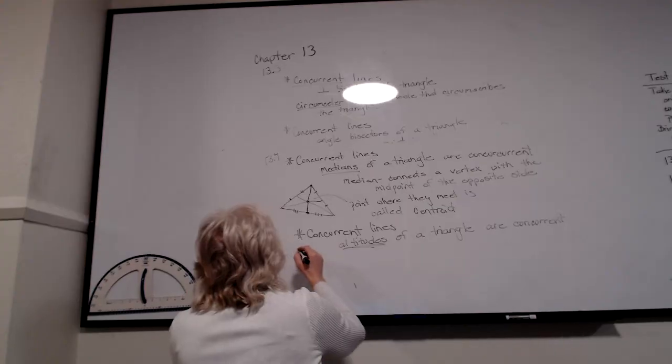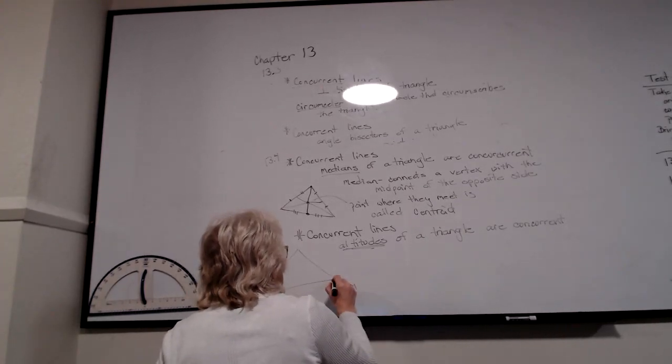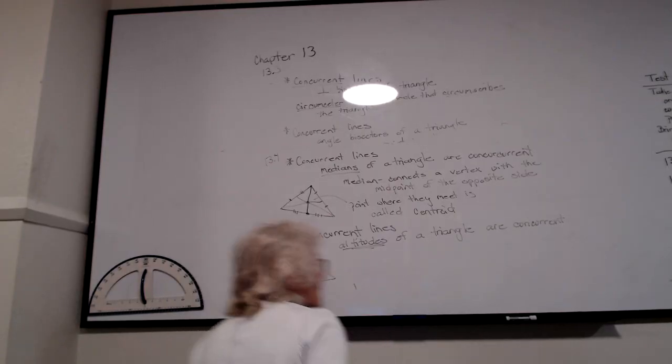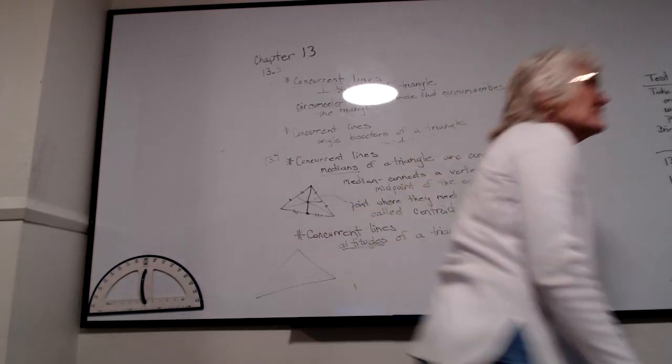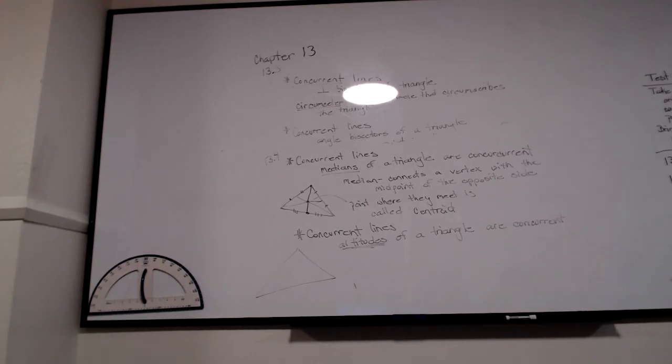What is an altitude? So if I draw my triangle like this, what is the altitude? How do I find an altitude? You guys remember what an altitude means? Another way we call it is the height of a triangle.